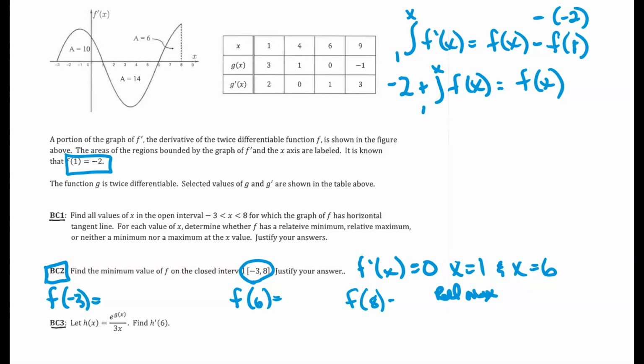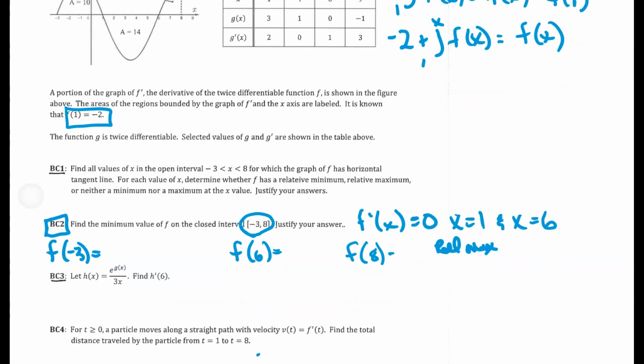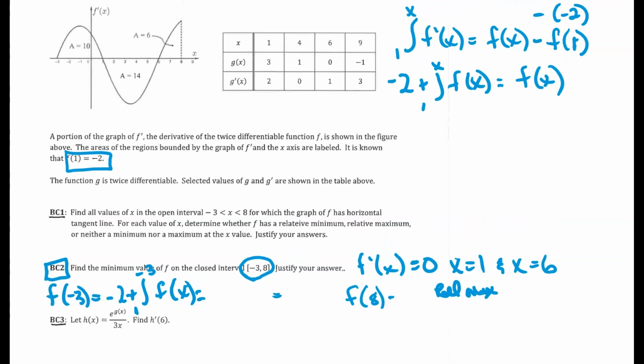So f of -3 is -2 plus the integral from 1 to -3, which is very backwards, of f of x. So 1 to -3 is actually backwards. So instead of being 10, if we reverse the order, it's going to be -10. So this is -12. So there's our starting point.